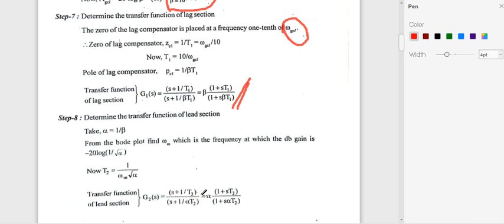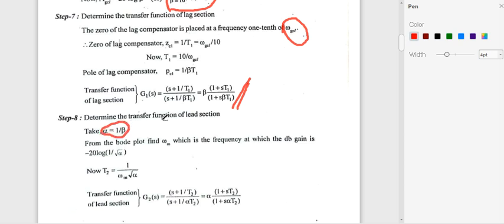If we are designing a lead compensator, we find alpha by the equation alpha is equal to 1 minus sin phi m divided by 1 plus sin phi m. But in the case of a lag-lead compensator, we find alpha by the equation alpha equal to 1 by beta.